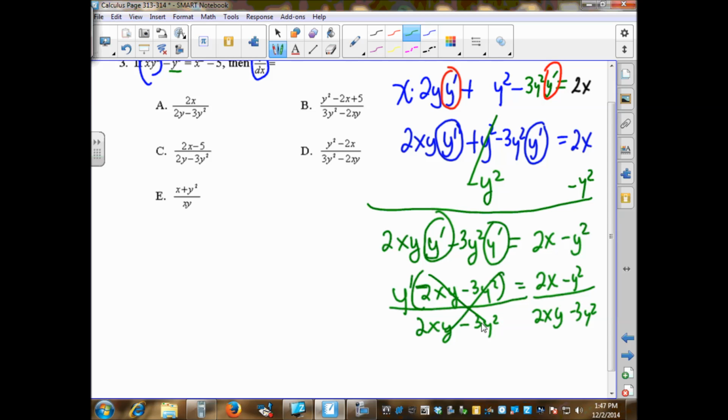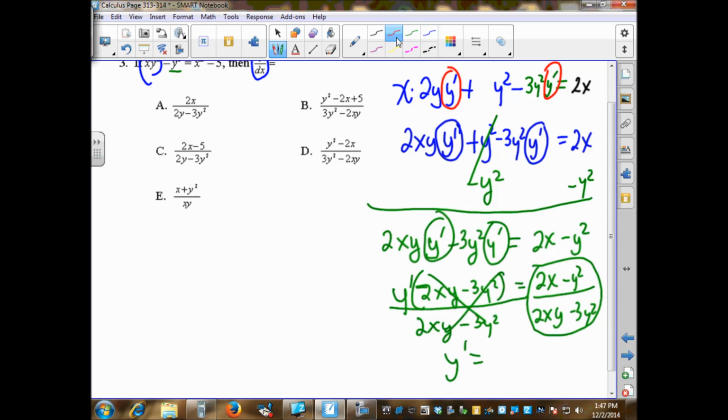That will cancel. So y derivative is going to equal all of this. But I'm looking at the choices, and the most terrifying thing on the AP is to work a problem and none of the choices are your choices. But I notice it looks a lot like this one.